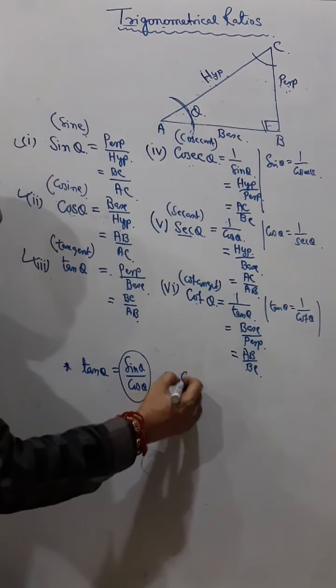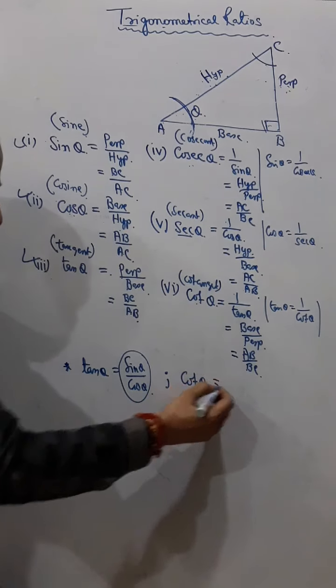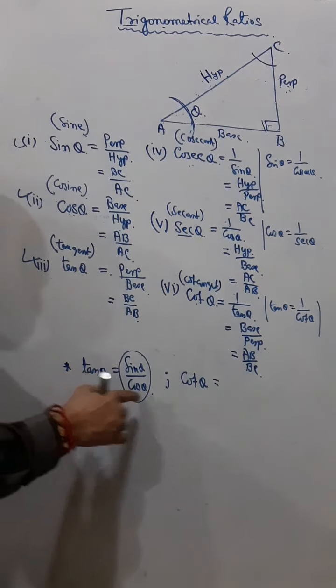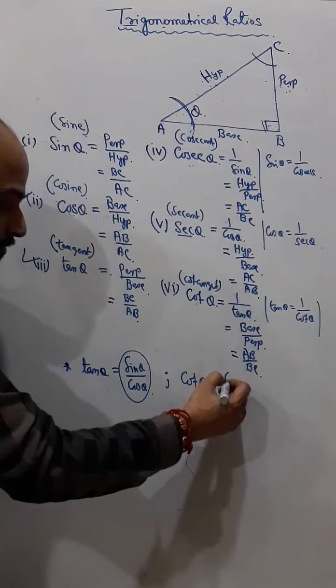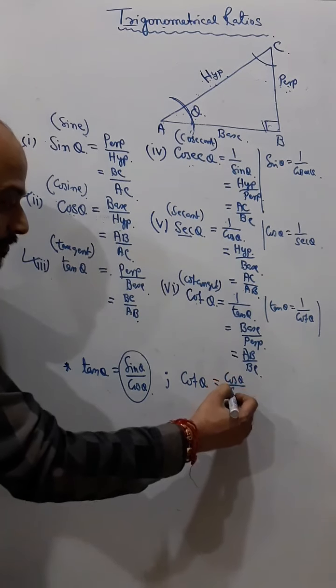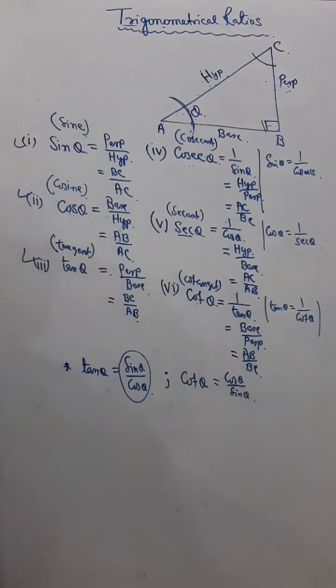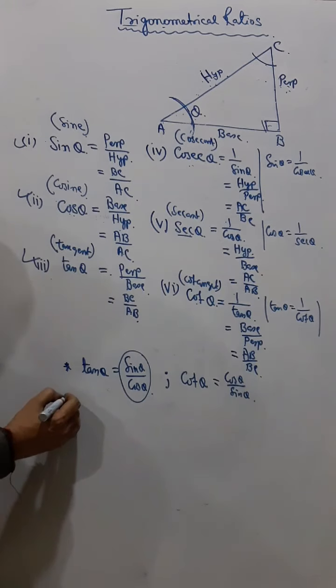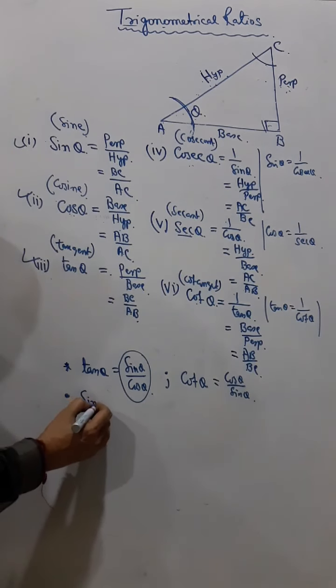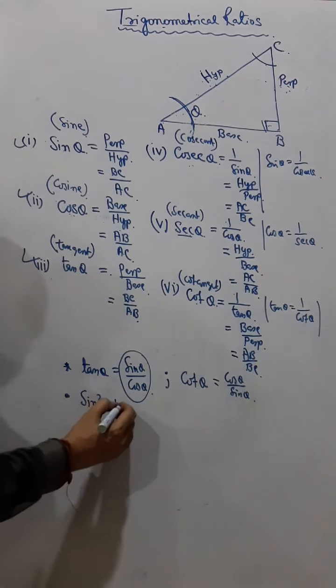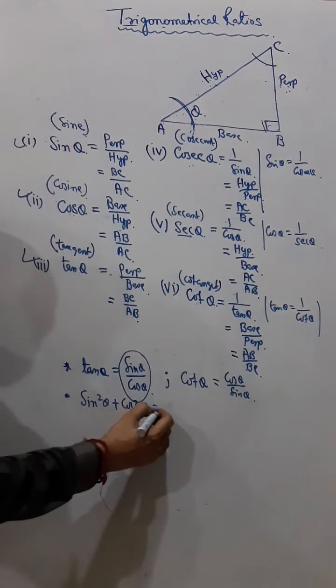Now similarly we can also say for cot theta. If tan theta is sin by cos, we can say that cot theta is equal to cos theta by sin theta. Okay, so these are the relations. Now there are some square relations also, that sin square theta plus cos square theta is equal to 1.